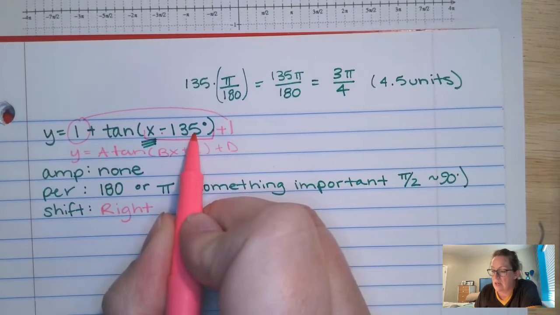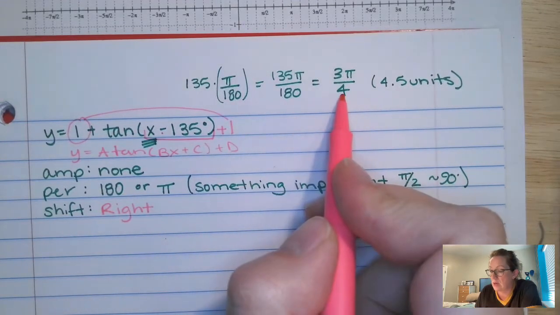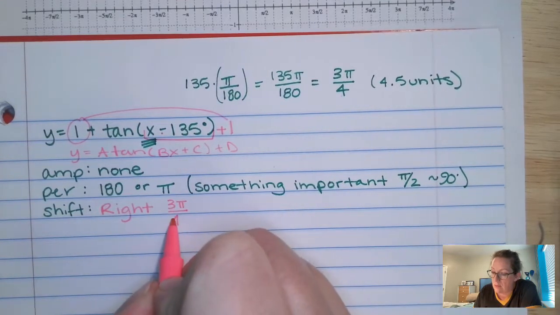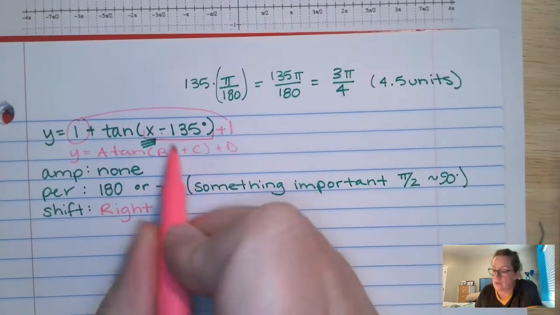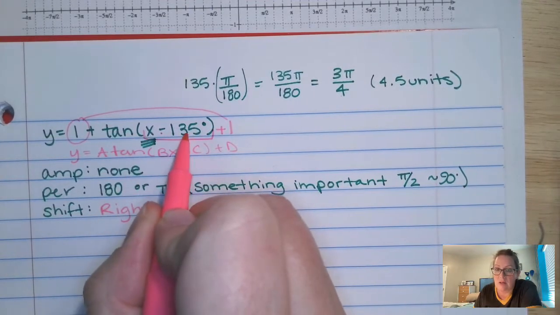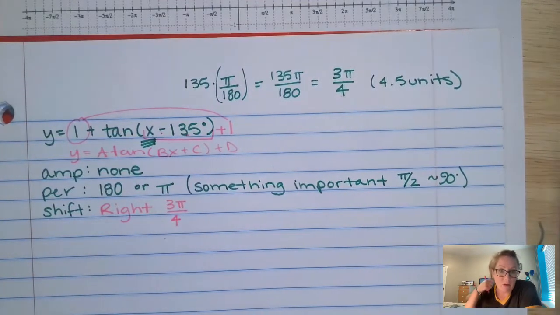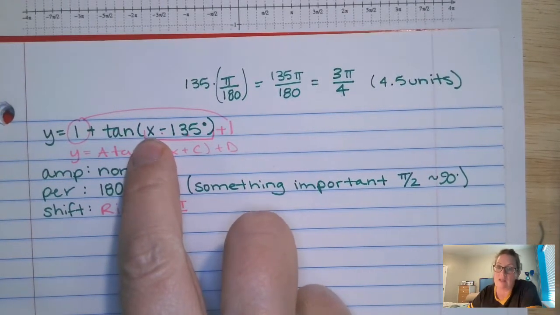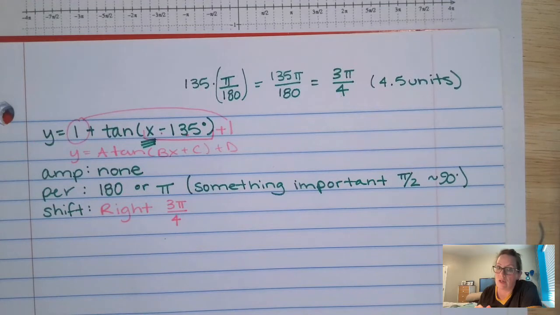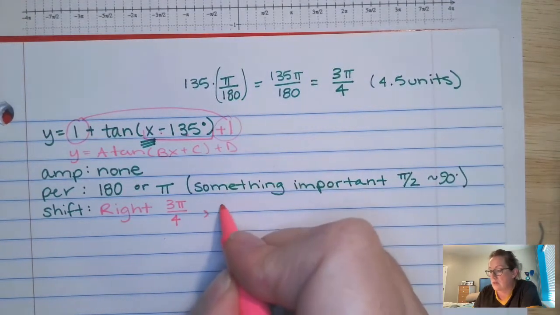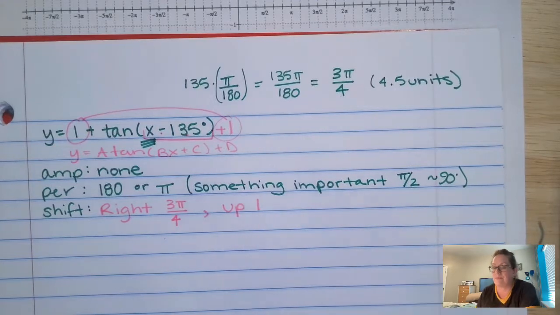And then we said 135 degrees, we're in radians really, so we're going to be going right 3 pi over 4. I don't have to do any division. I could set this equal to 0 and it's as easy as just adding over the 135. Okay, if that was a different number in front of there, you'd have to set it equal to 0 to get your shift on the right. And then remember, this shift just follows. So we're also going to go up 1.